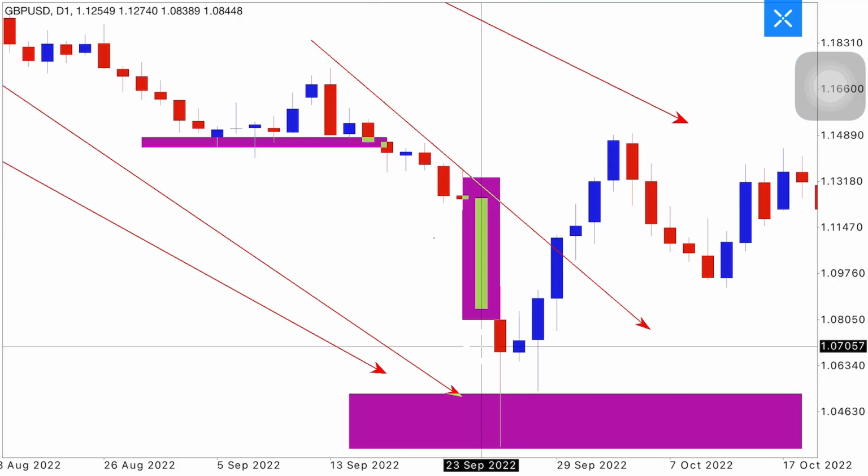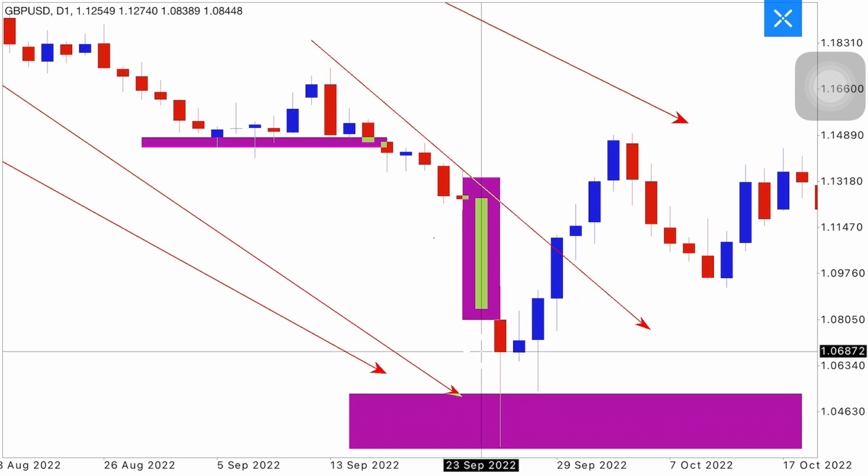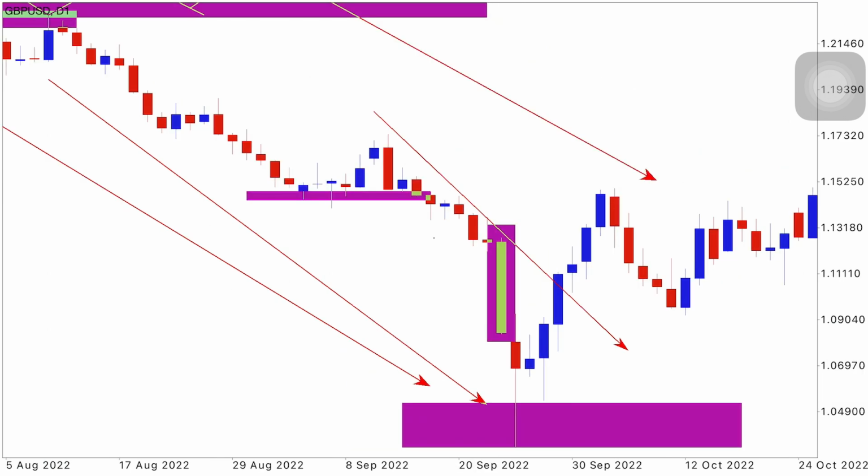But if it has this type of candlestick, we'll know that the momentum is now depleted, so it has to change direction. Hence why we have this change of direction here and it went to the upside.